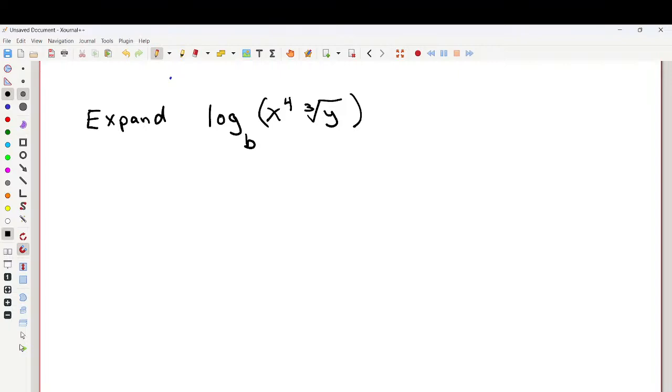Another reminder, specifically in this section, and always, as you're doing your homework and for the exam: when we see any type of root, let's write it as an exponent. That's the first thing I do. So I'll say x to the 4th times y to the 1/3 power.